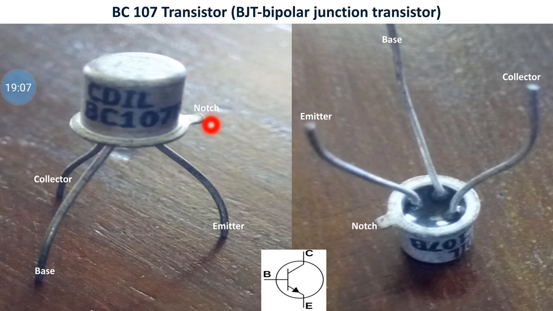Here you can see a notch on the transistor, and below the notch the first lead is the emitter. The center lead is the base, and the one opposite to the emitter is the collector. The symbol is shown here.